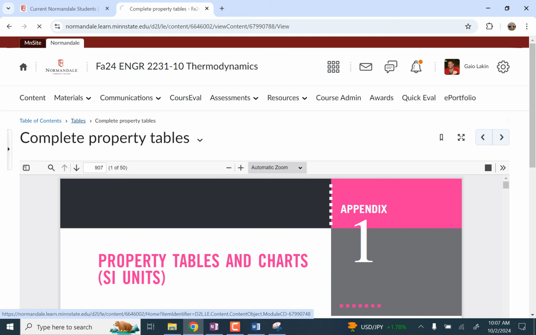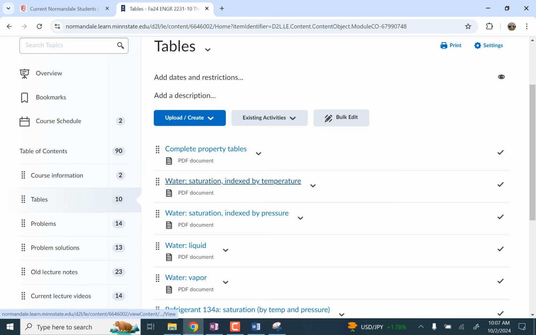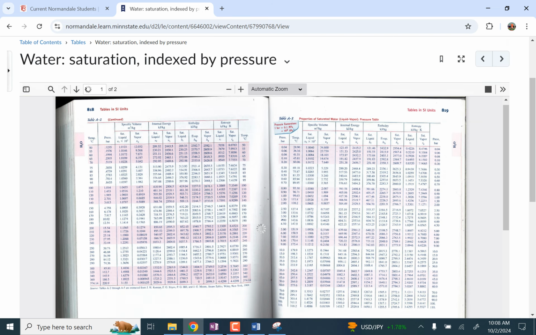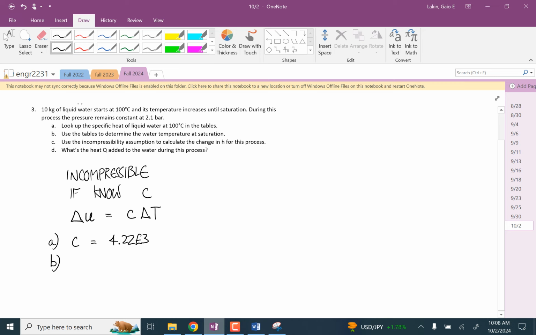And we want to look up temperature, indexed by pressure, and we want it at saturation. And we want 2.1 bar. Well, we have a 2 and a 2.5. So let's see, 120.2, 127.4. I don't know if I can remember that.